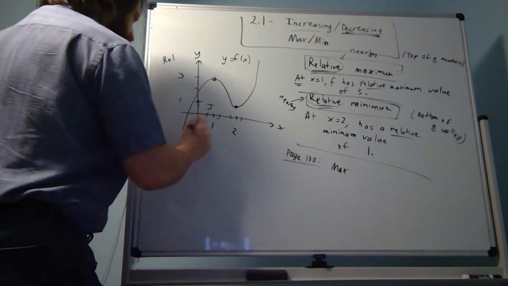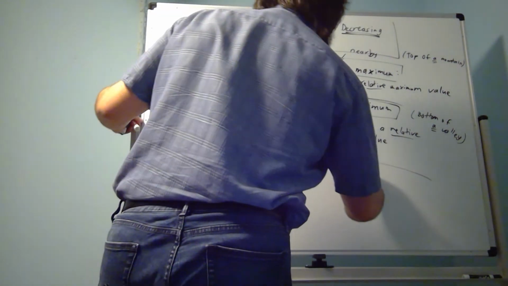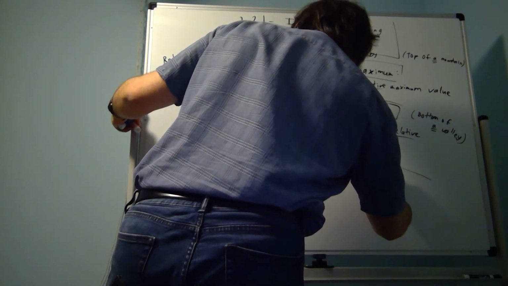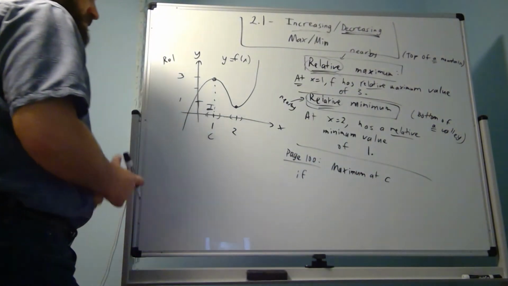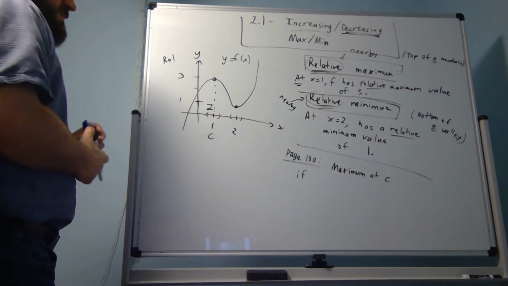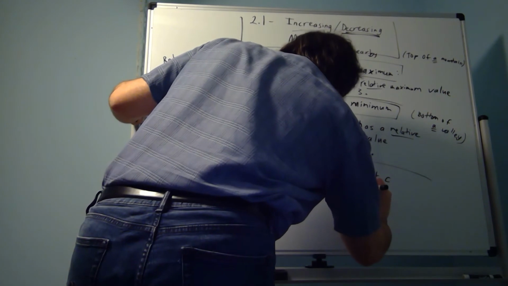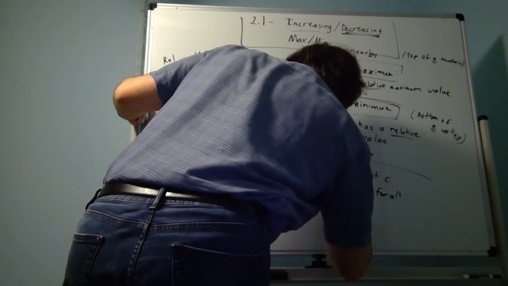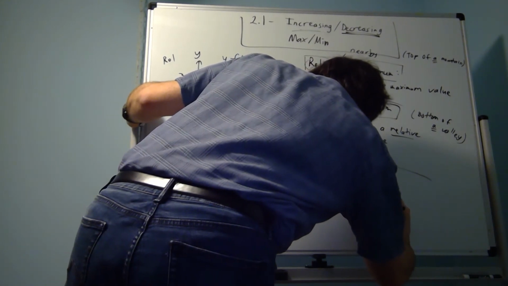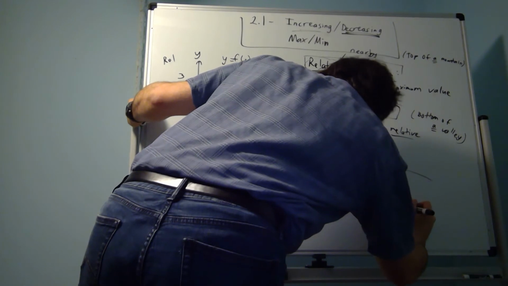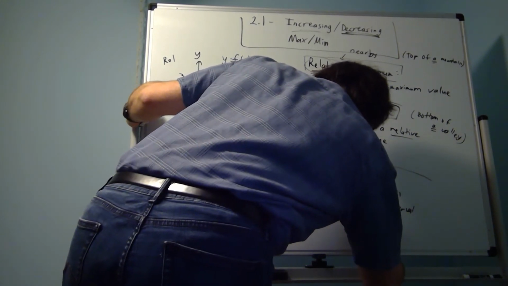So we have this interval I. So the function f has a maximum at c if f of c is bigger than f of x for all x not equal to c, and in an open interval I containing c.